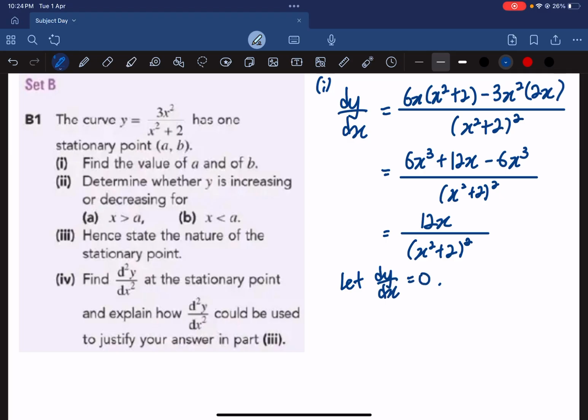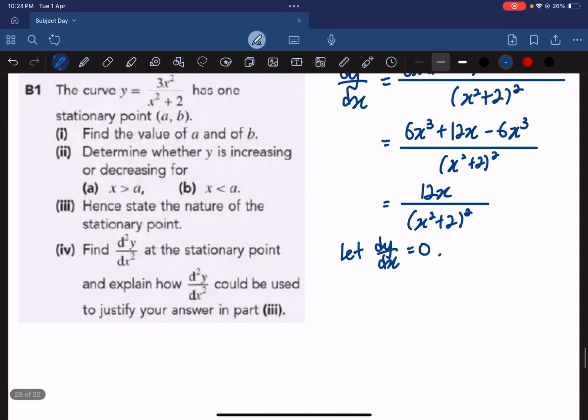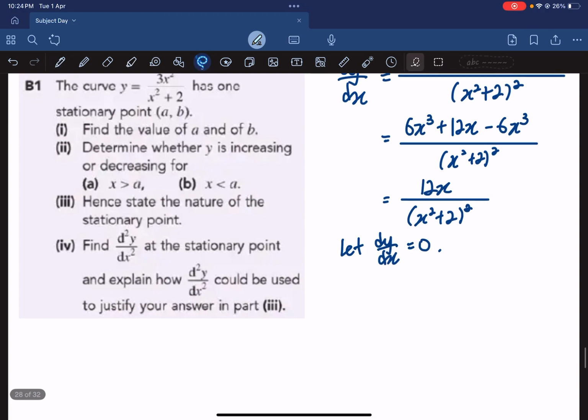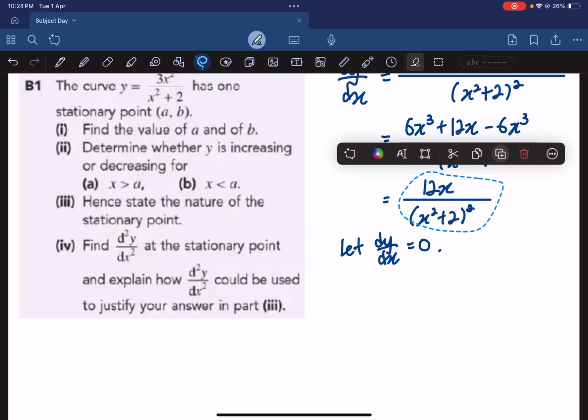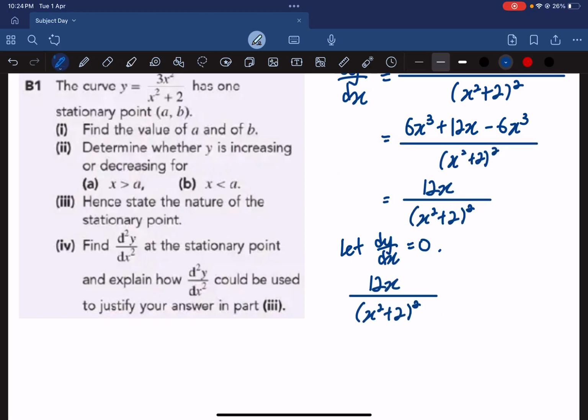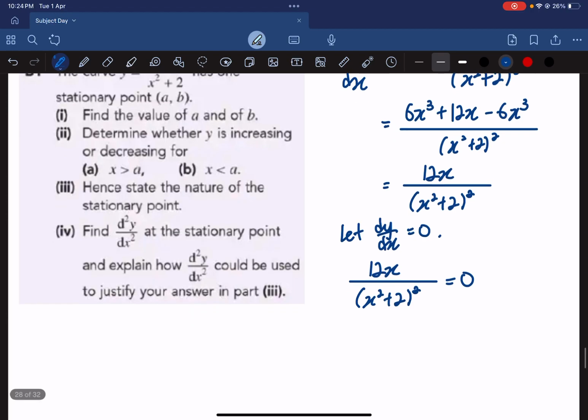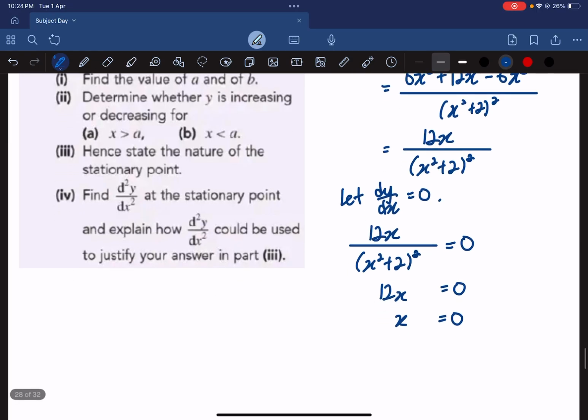I want this expression to be equal to 0. Therefore, by cross multiplying, I'll get 12x equals 0. x is equal to 0. So that means that the stationary point occurs when x is equal to 0.